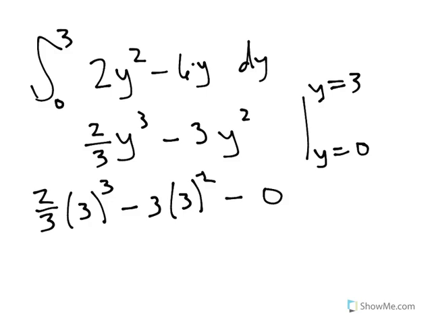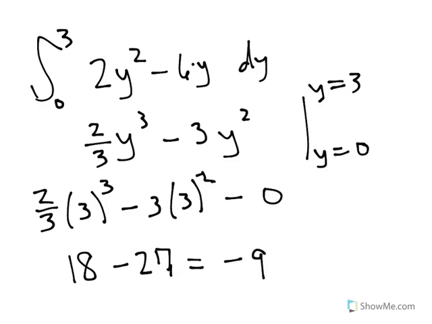So, okay, 3 to the third is 27. You're going to have a divided by 3 on the bottom, so you're going to have 9. So 2 times 9 is 18, and then 3 squared is 9, times 3 is 27. 18 minus 27. Okay, I got minus 9.